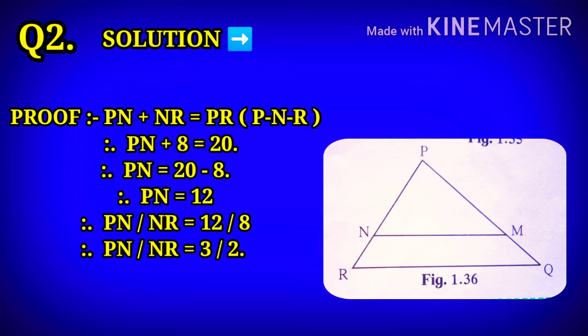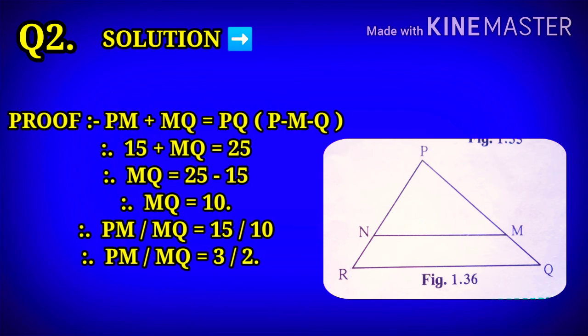Now, as we have found out the value of PN, we will substitute it in the next step. That is to find the ratio of PN upon NR. So, PN upon NR is equal to 12 upon 8. Therefore, PN upon NR is equal to 3 upon 2. Now, let's move on to the next step.